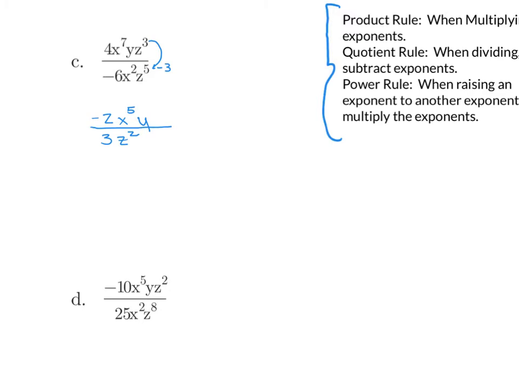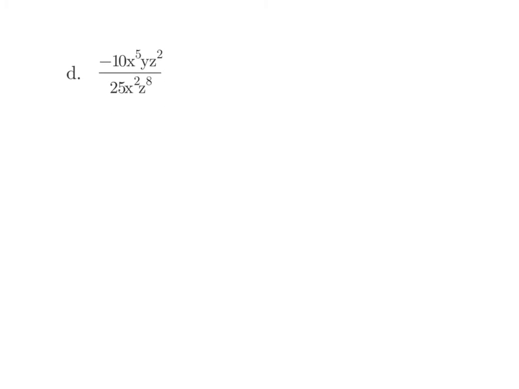Okay, let's look at example D. Starting off with our numbers, negative 10 and 25 are both divisible by 5. Negative 10 divided by 5 is negative 2. 25 divided by 5 is 5.